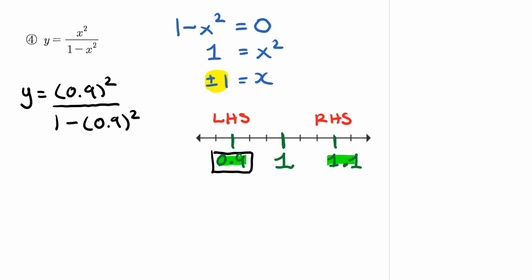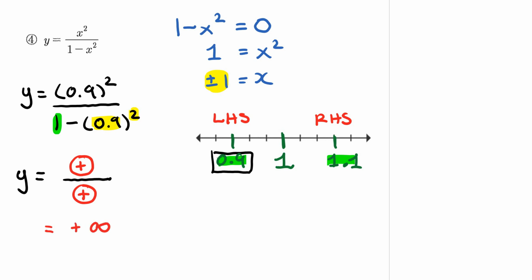We don't care about the actual numerical values, we only care if the signs are positive or negative. Clearly the numerator will be positive. And if you have 0.9 and you square it, that number is going to be less than 1. So if you have 1 and subtract a number that's less than 1, that still gives you a positive value.